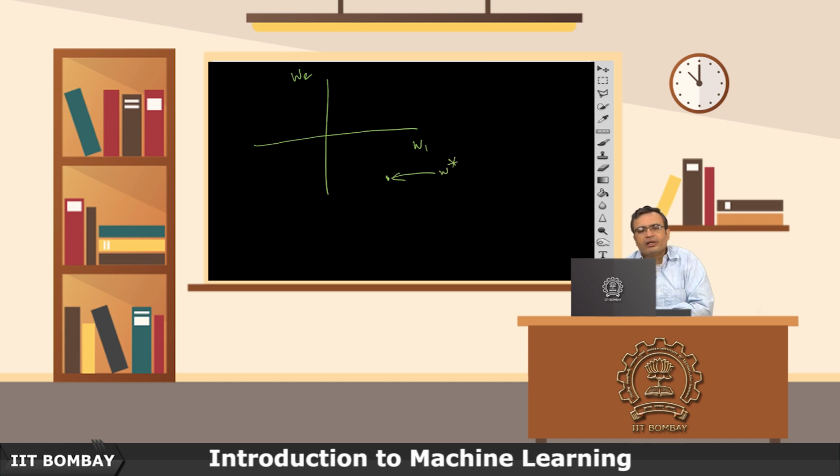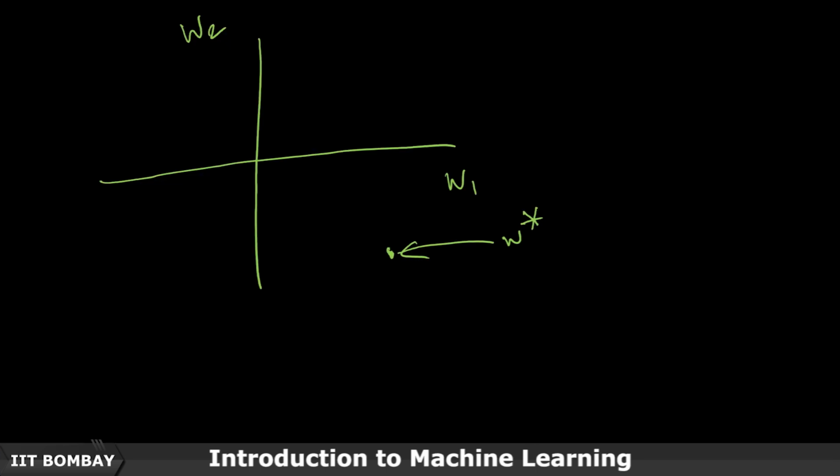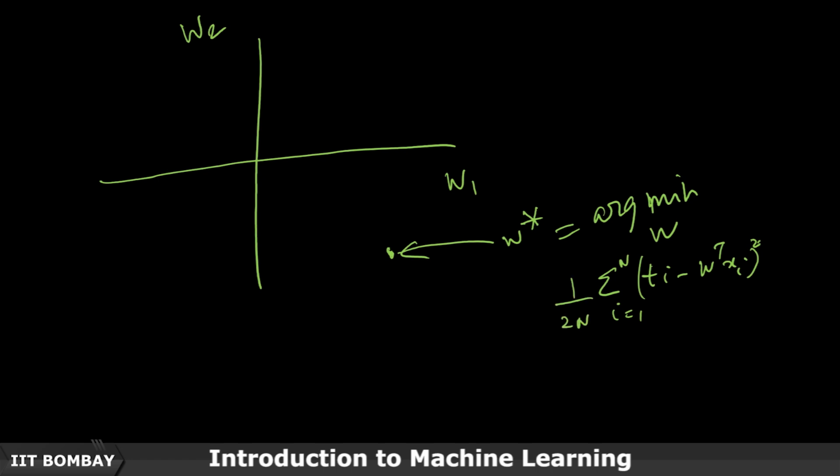This is the optimal value of w for the unconstrained optimization, equal to argmin over w of the sum of squared errors, t_i minus w transpose x_i whole squared, over all i from 1 to n, and you can even take 1 by 2n here. So if we minimize this, then we will get this w star.